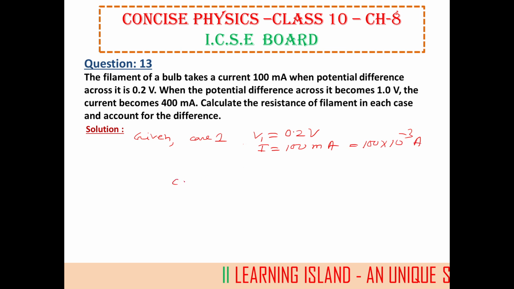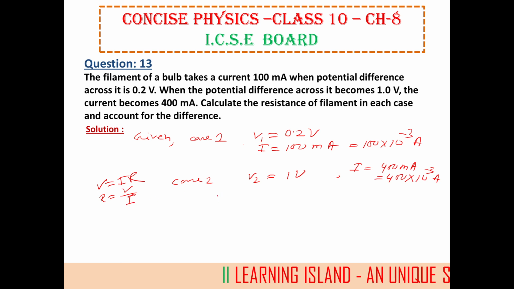In case 2, when V2 equal to 1 volt, current I equal to 400 milliampere, that is 400 into 10 to the power minus 3 ampere. So what is the resistance? If I apply Ohm's law, that is V equal to IR, we can find out the resistance in every case.